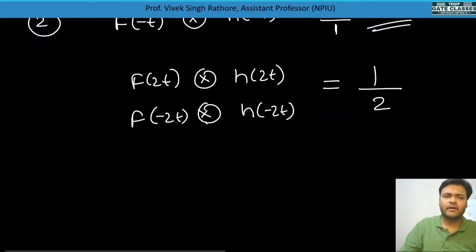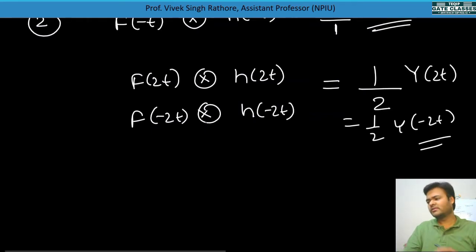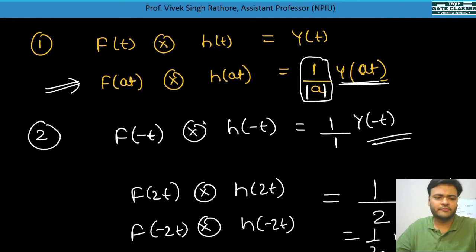In the first case, output will be y of 2t. In the second, output will be half y of minus 2t. So you need to understand that a may be positive or negative, whatever your scaling factor is. The factor is always positive, so you can also write it as 1 by mod a.